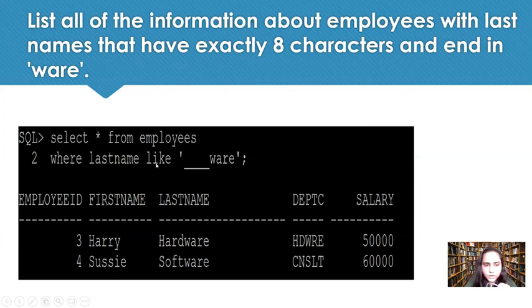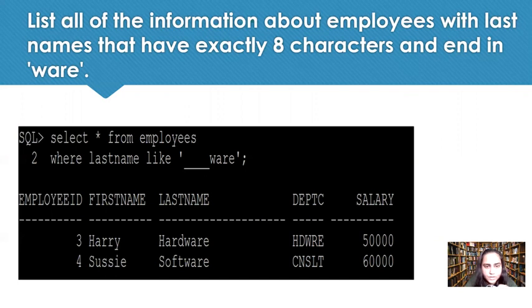You have to use keyword like. And then they have told that there should be 8 characters. And out of those 8 characters, the last 4 are WARE. So before that, you're going to write 4 underscores. So what the line that you see here is actually 4 times underscore character.